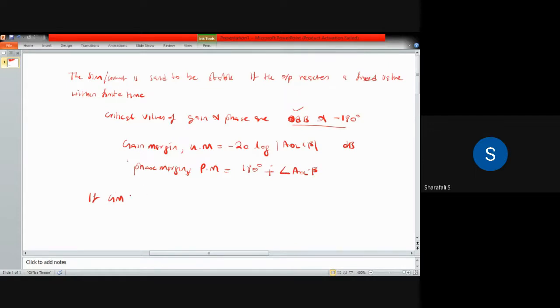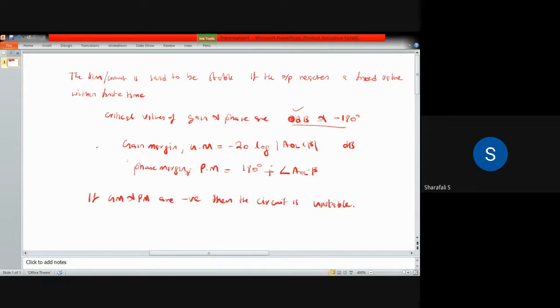So if GM and PM are negative, then the circuit is unstable. This is the stability condition. These are the stability conditions.